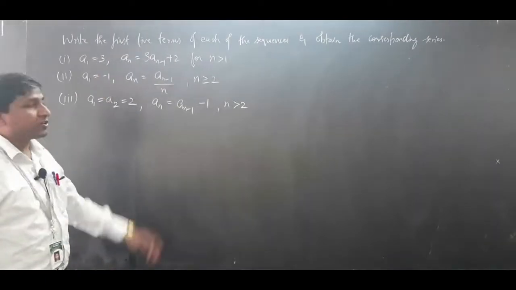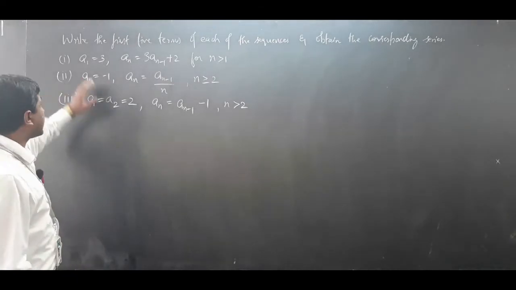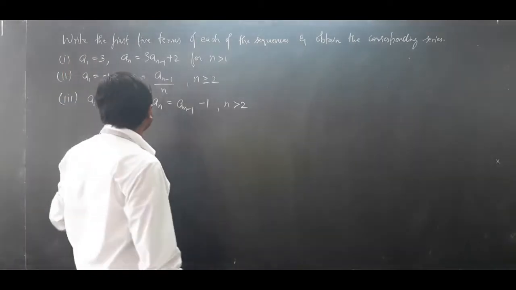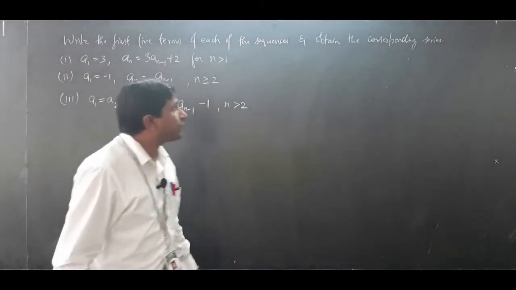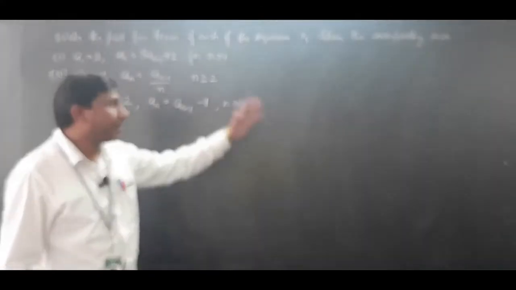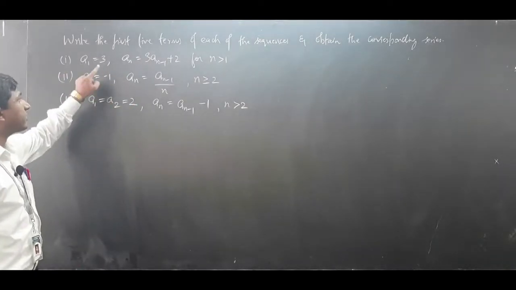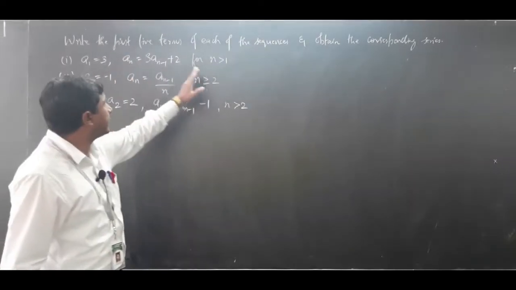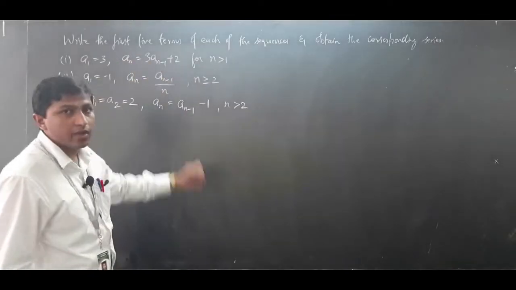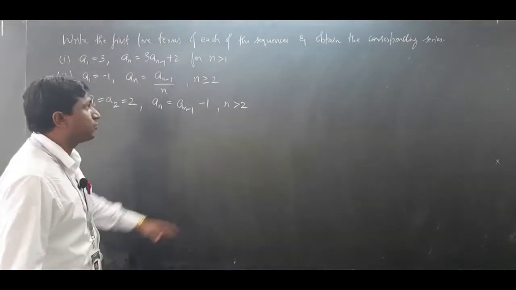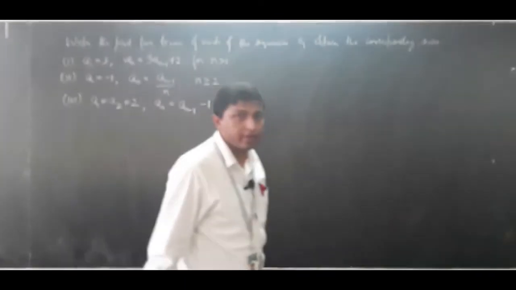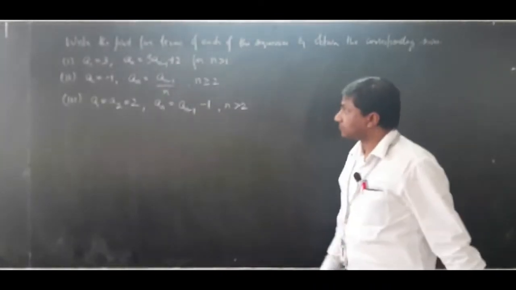Okay, now look at the question. What is the question asking us to do? Write the first 5 terms of each of the sequences and obtain the corresponding series. The first question is a1 equals 3, an is given to be 3 into an minus 1 plus 2 for all values of n greater than 1.